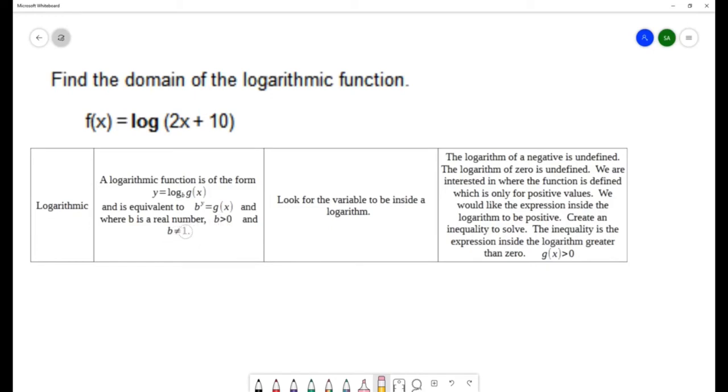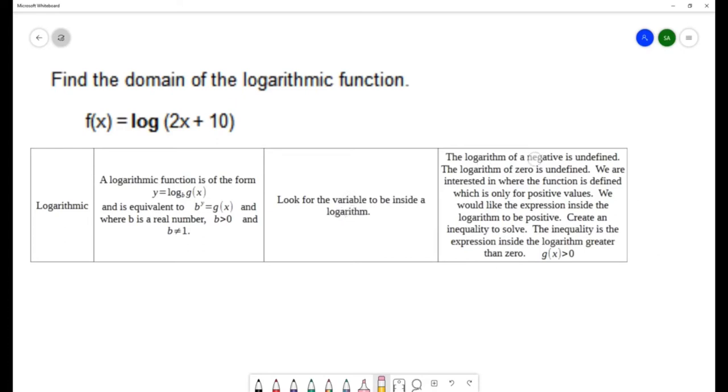We have this restriction because we want these functions to all behave similarly, and they only behave similarly when we make that restriction of having the base greater than 0 and not equal to 1. So we can identify that we have a logarithmic function when we have a variable inside of a logarithm.